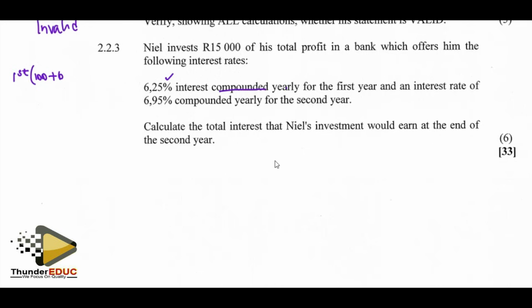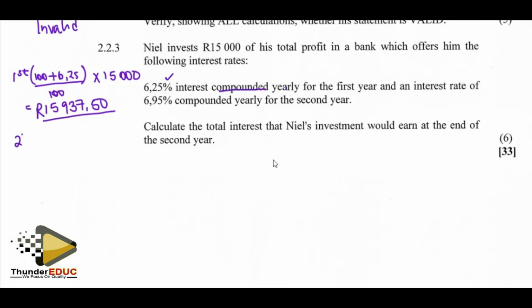100% plus 6.25% over 100. I'm doing this because I'm increasing. This is compound interest. So times the money. The moment I use this, this is the answer I get. This will be the money the person will have at the end of the first year, which is 15,937 rands 50 cents.